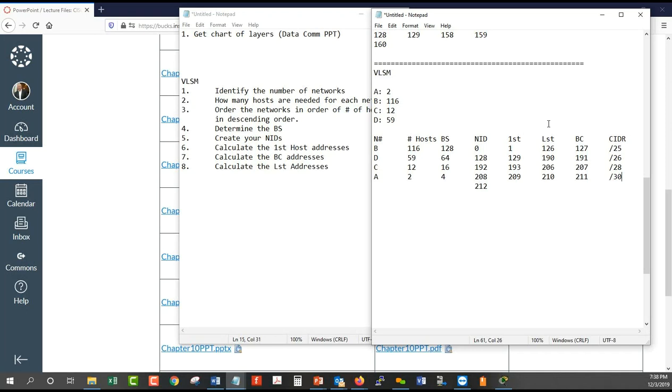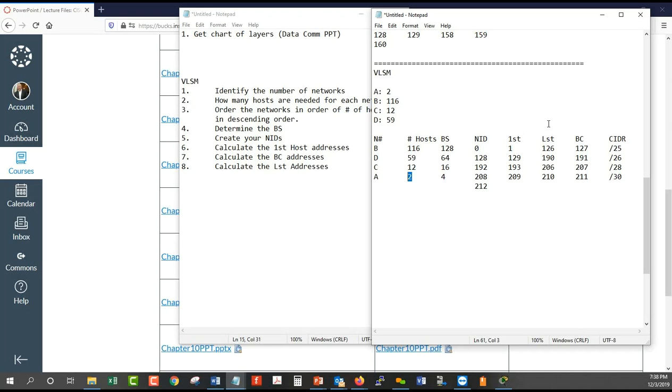The beautiful thing about variable length in comparison to fixed length is fixed length subnet masks do not efficiently allocate IP addresses in terms of the number of addresses. Every network gets the same number of host addresses. And if we look at a network such as A, which only needs 2 hosts, and I'm handing out 32 addresses for that network, it really doesn't make much sense because 30 of those addresses are going to get wasted.